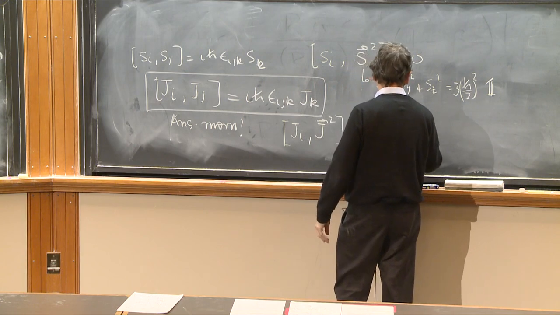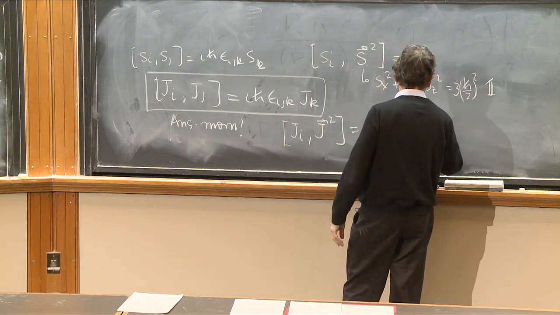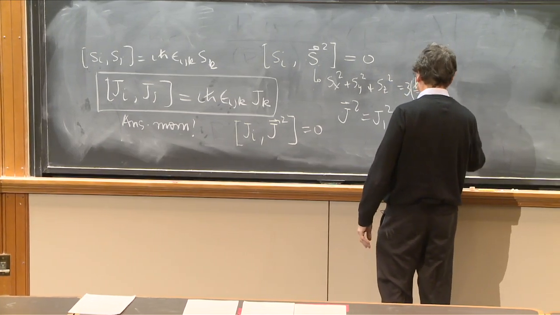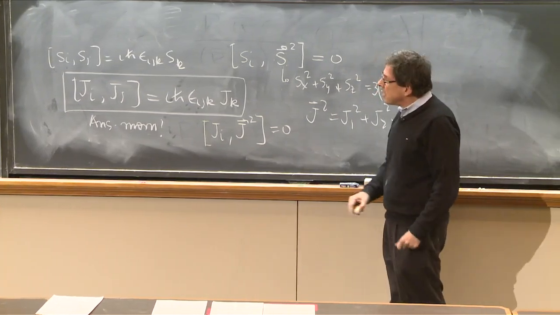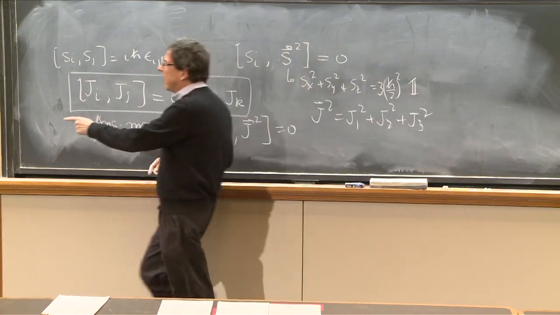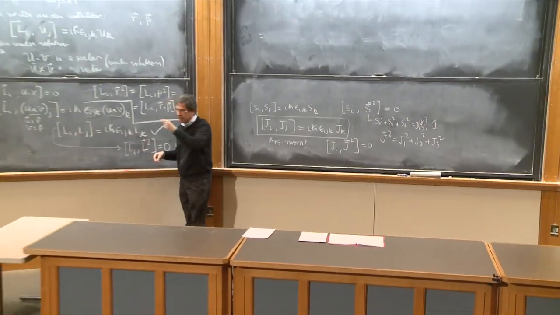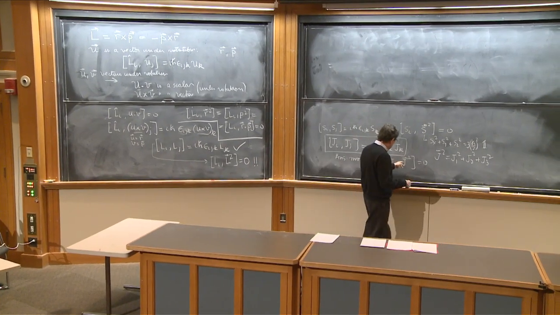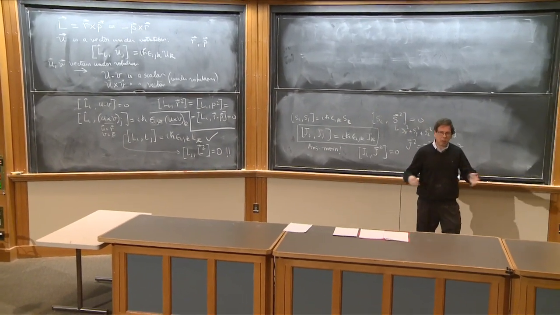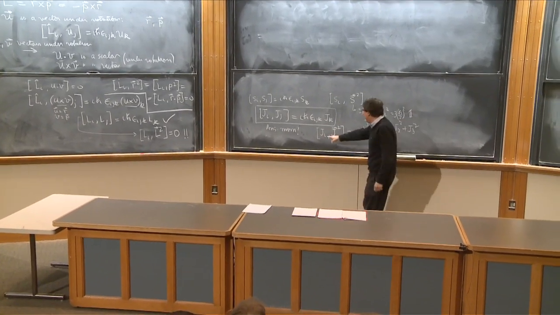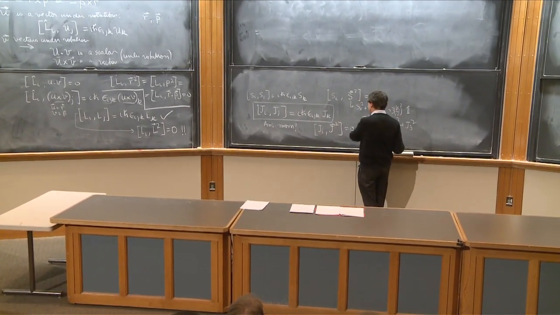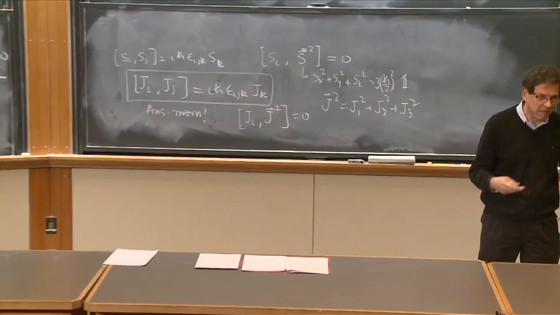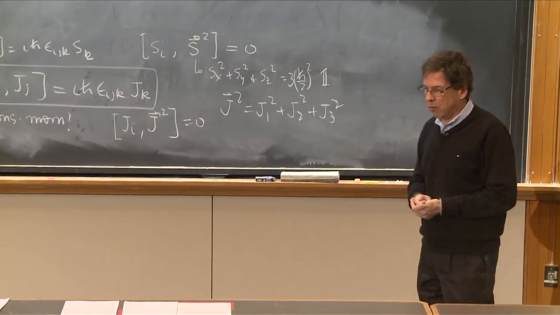Of course, J squared is J1 squared plus J2 squared plus J3 squared. Now, this is so important, and this derivation is a little bit indirect, that I encourage you all to just do it. Without using any formula, put a Jx here and compute this commutator. And it takes a couple of lines, but just convince yourself that this is true.